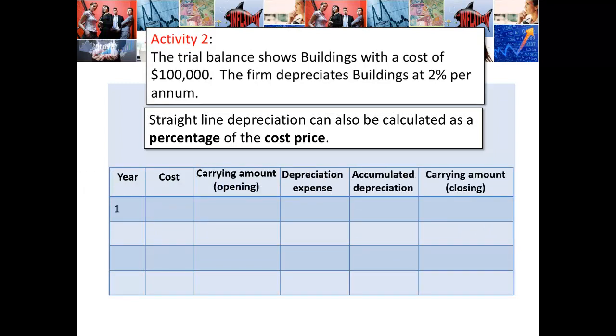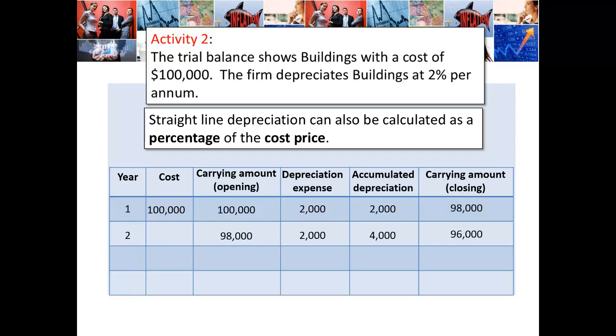So here we have our depreciation schedule. Cost $100,000 in that first year, carrying amount opening, depreciation of $2,000. Just because it's the first year, accumulated depreciation must be $2,000 as well, giving us the carrying amount, the closing value at the end of the year, of $98,000.